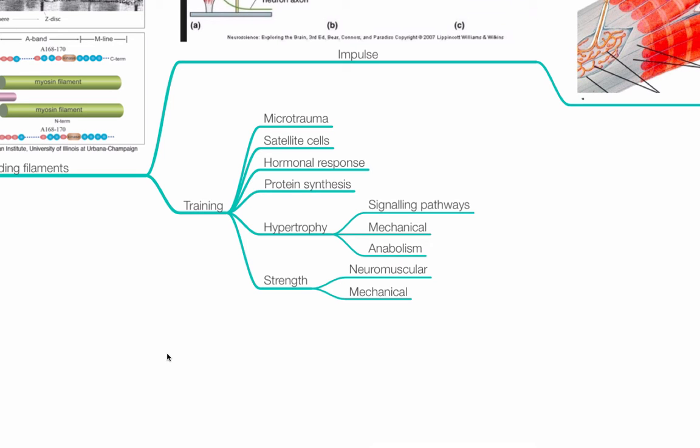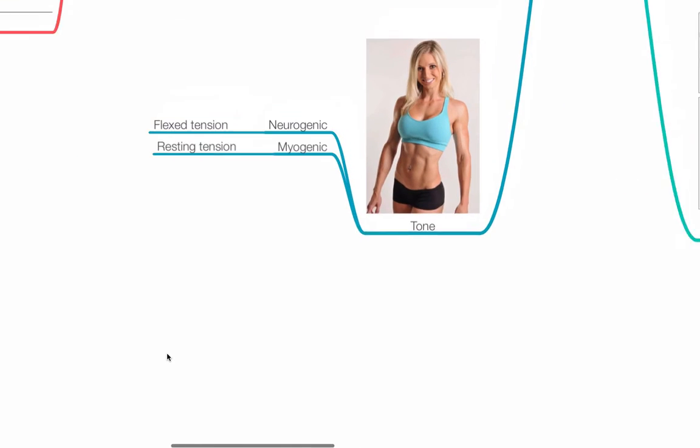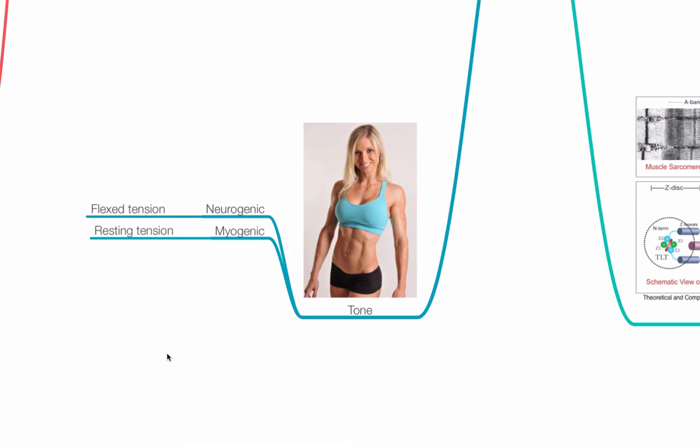Tone. This annoys me a bit, but when people normally talk about tone, they might refer to this woman as being toned, and what they're really referring to is the fact that she has a high amount of muscle mass with respect to her body fat. So the word tone in itself is a pretty meaningless term in the colloquial sense, but it does have a specific meaning.